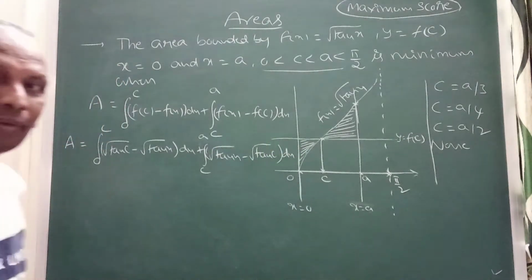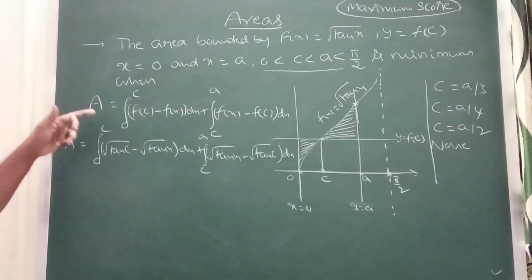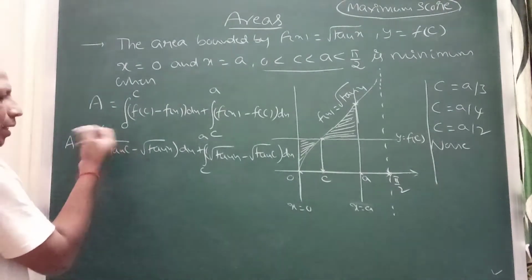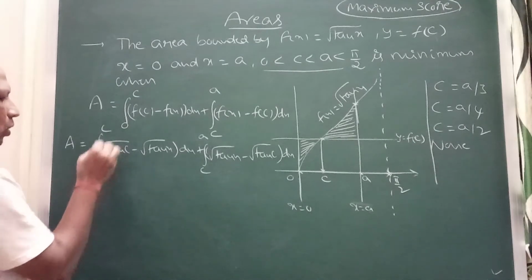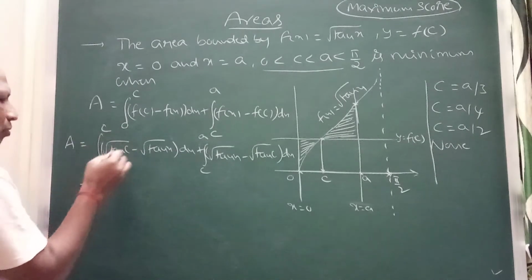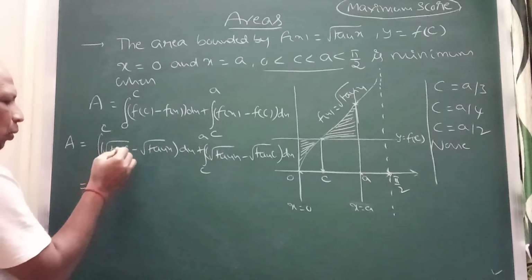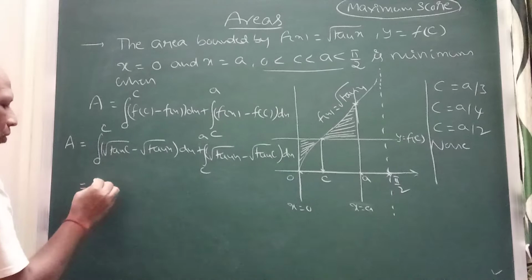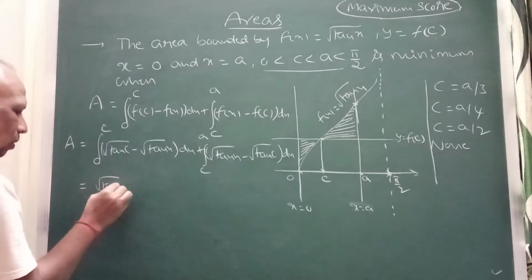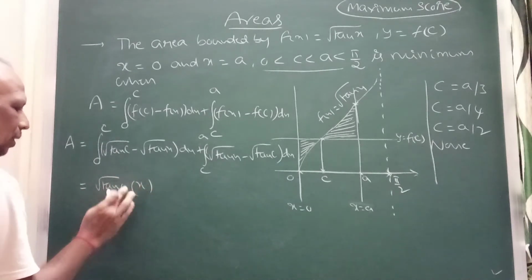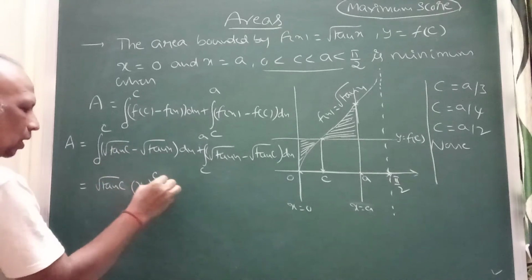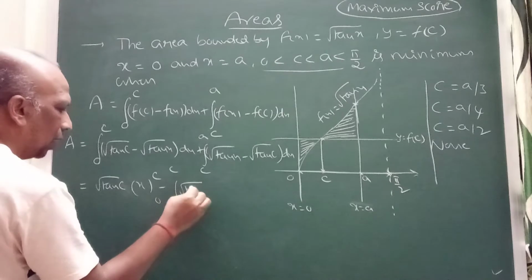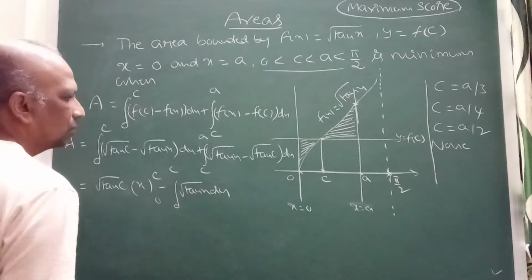Now you can check here. When I am doing this problem from 0 to c, root tan c minus root tan x, root tan c is a constant, so I can take it out. It will come as root tan c times x with limits 0 to c, minus the integral from 0 to c of root tan x dx.